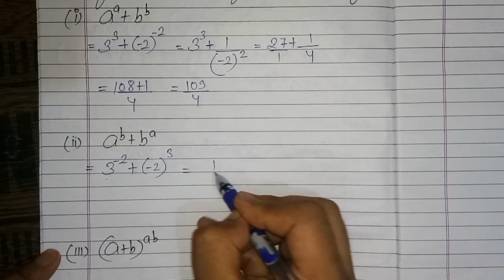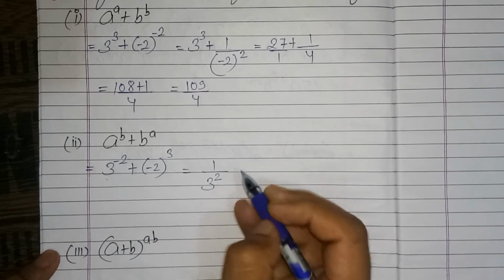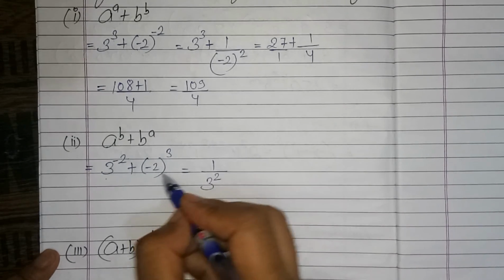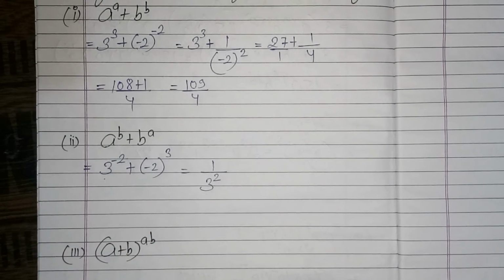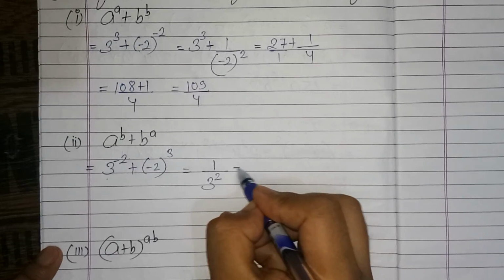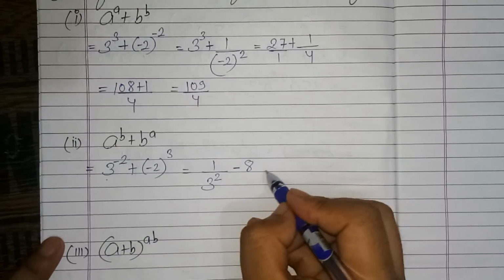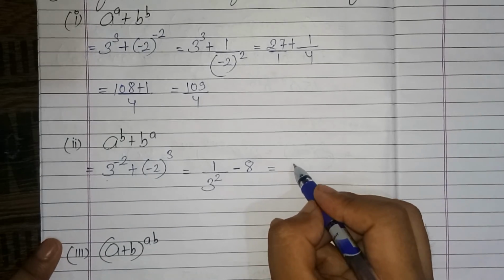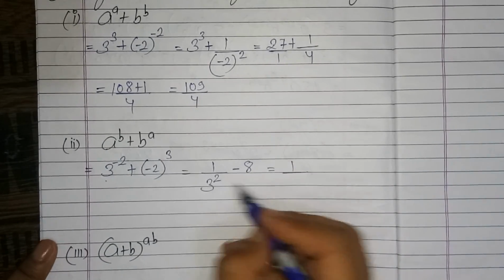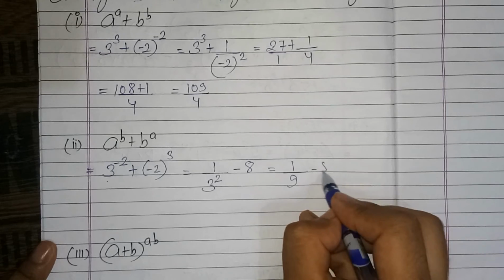So this is equal to 1 upon 3 raised to power 2, and this is minus, because the cube of any negative number is again negative, and the cube of 2 is 8. Now this is 1 upon 3 square, which is 9, minus 8.